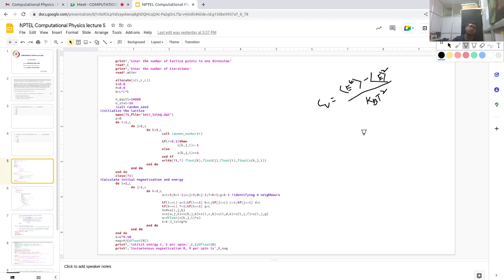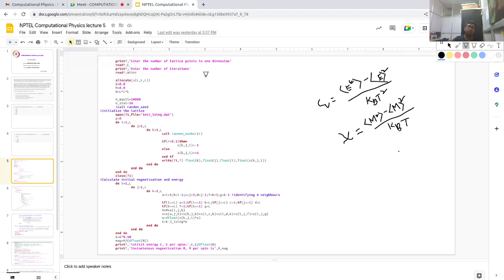So this will be the CV, and whenever we have the chi, what we have to do is take M squared, that means the magnetization squared average, minus the average of magnetization squared, divided by KBT.